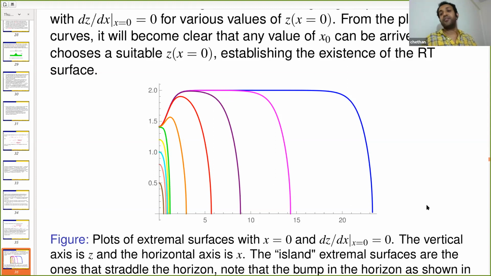If you're going farther and farther out, you have less and less, so you're reproducing things closer and closer to the horizon. It's a known fact in lower dimensions that the island gets closer and closer to the horizon as you take your system farther and farther out. So this is a known fact.